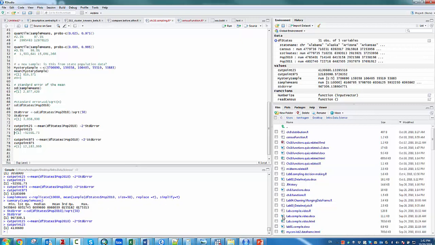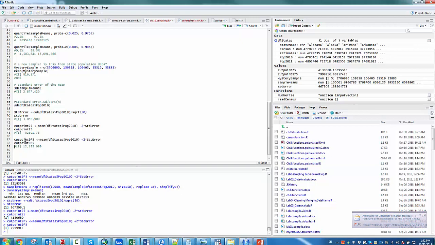So now the standard error is extremely smaller than that, right? And then the cut point, now instead of minus something, the lower bound is 4 million, and the upper bound cut point is about 8 million. So between 4 million and 8 million is where a sample mean is likely to be drawn from this US population. That's what it says.